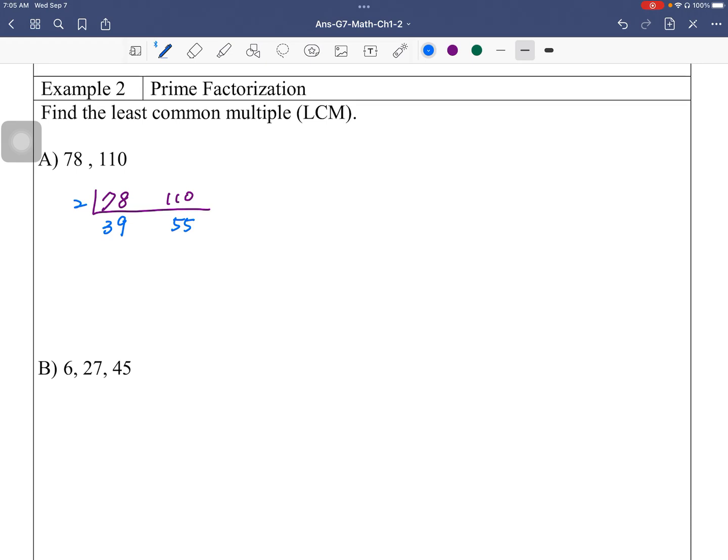If I were to continue, I would need 11 or 13, but I don't have that. So 39 and 55 have a greatest common factor of 1 already, which means this is the end. I cannot factor out a common factor anymore. So my least common multiple equals 2 times 39 times 55, which equals 4,290.